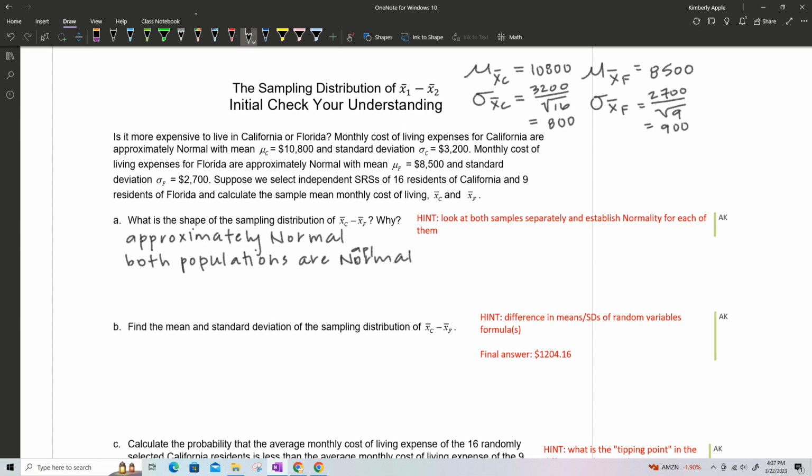I'll say approximately normal just to make sure that we're doing what we need to do here. And therefore, we know that the sampling distributions of both are also normal. So both sampling distributions are normal. They inherit that normality.